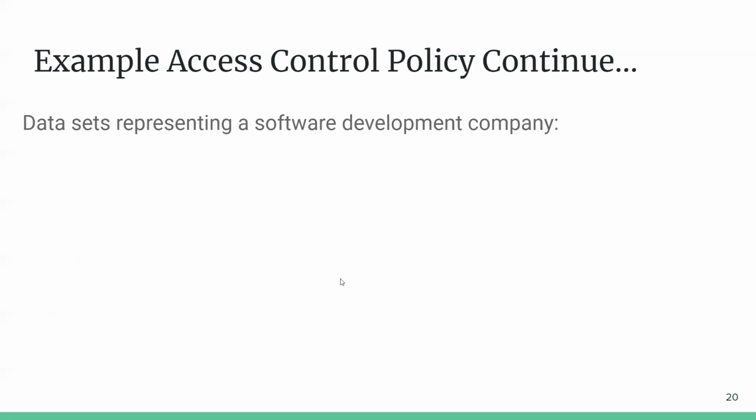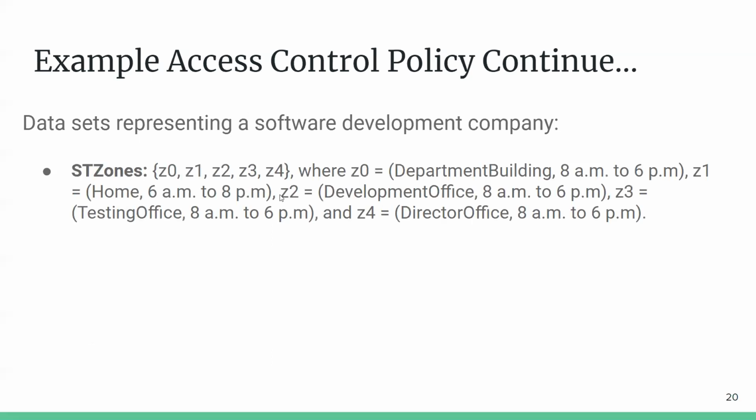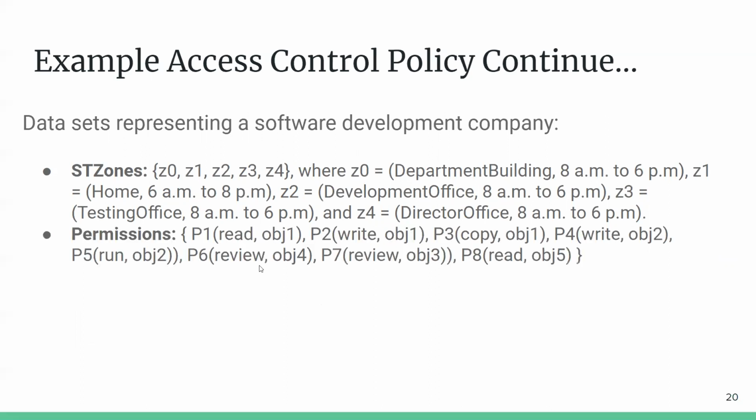Going further, we can then see additional data sets that help combine the previously shown sets. For instance, we have the spatial temporal zones, which combine a location to a time interval in the system. Additionally, we have the permissions combining an activity to an object.